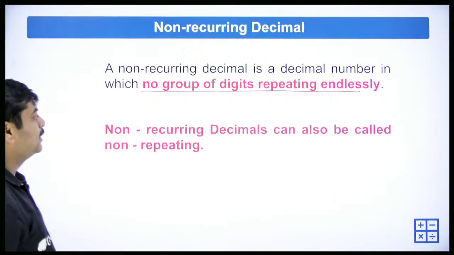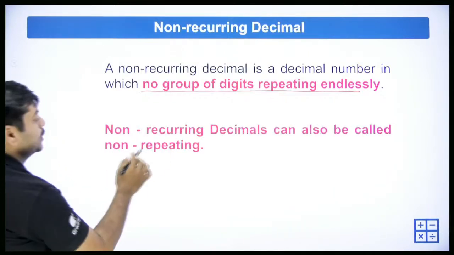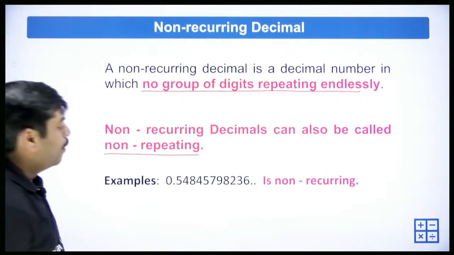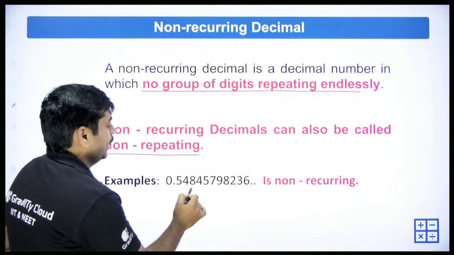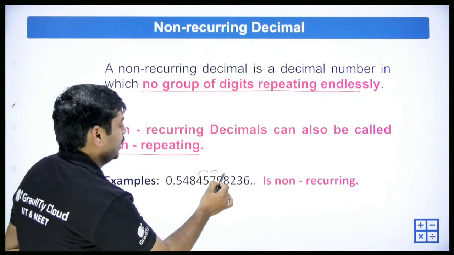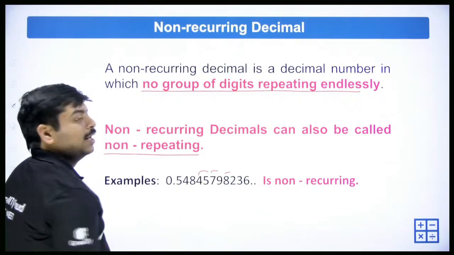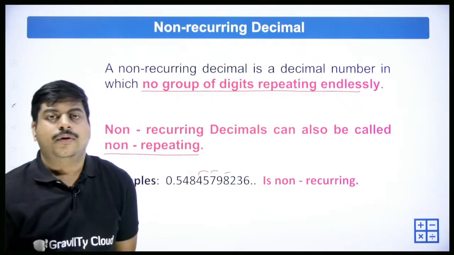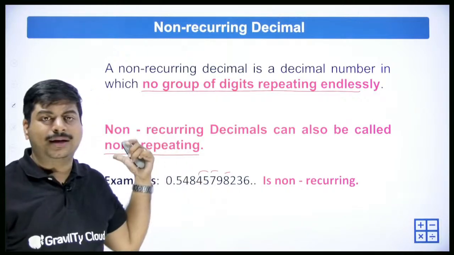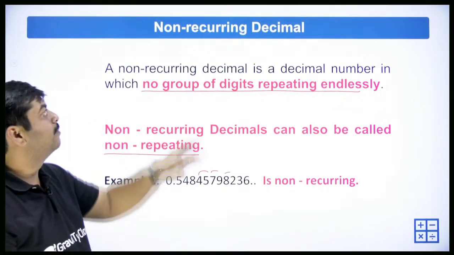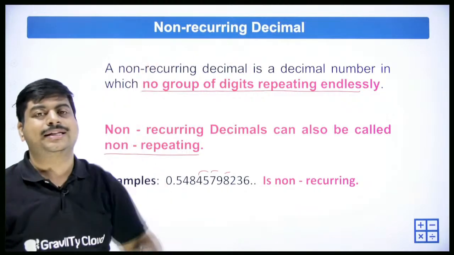Non-recurring decimal numbers can also be called non-repeating numbers. You can see here 0.548, 45799823, 484579. There is no pattern. We cannot write it as a recurring decimal. So these types of numbers are called non-recurring decimals.